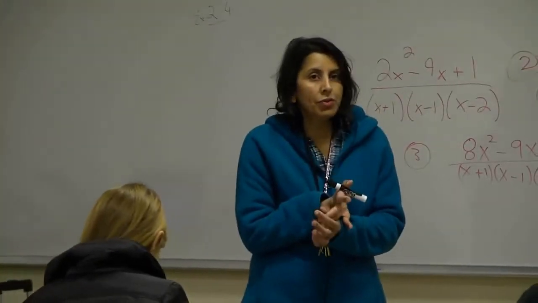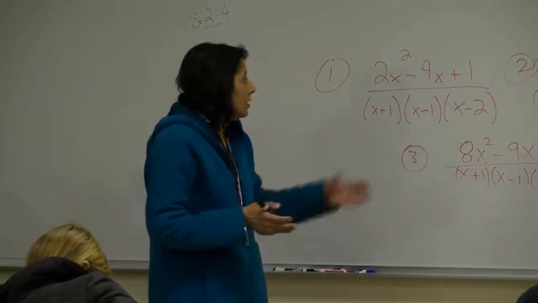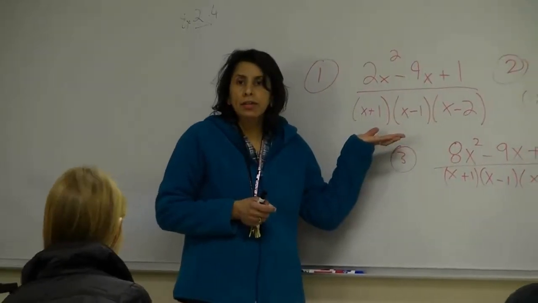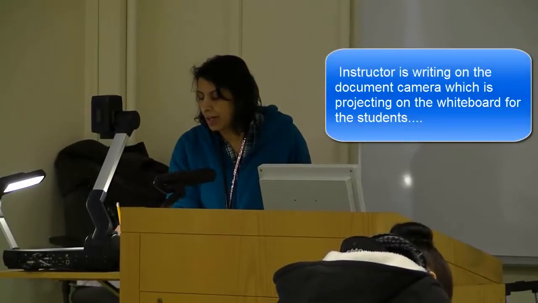I'll remind you a few things. First of all, you have to make sure you find the LCD, right? Check on that. You review your work. Is your LCD the same as what I have here? Then you compare the denominators to see what is missing in each denominator so I can make it look like the LCD.